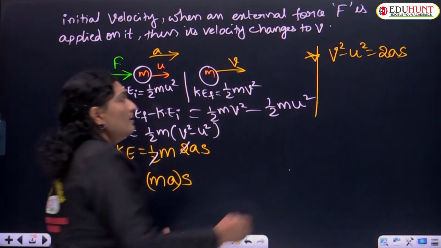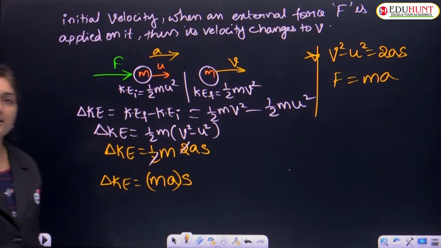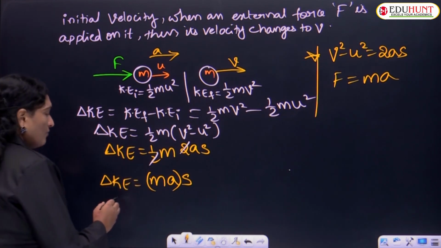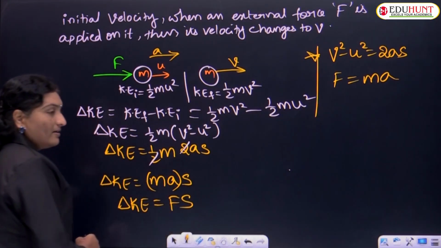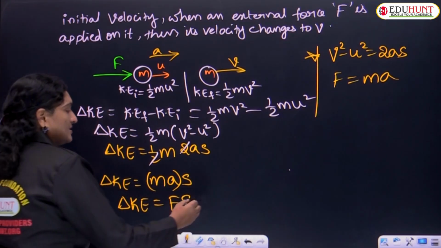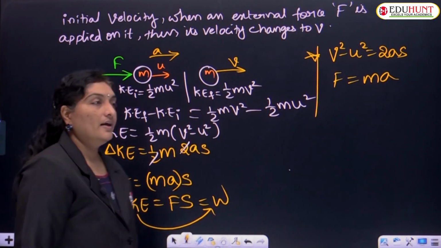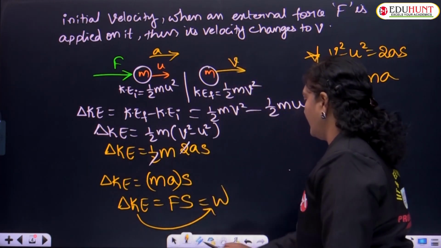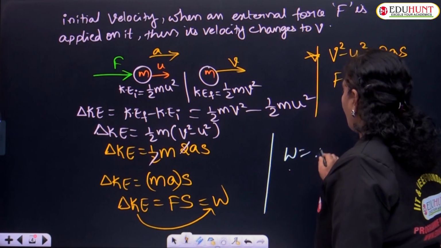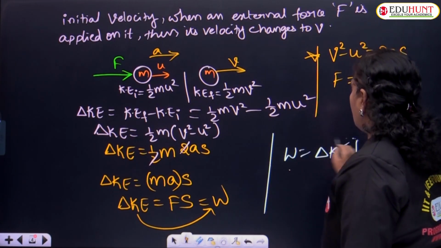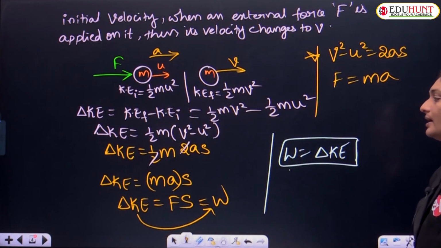We know that the force applied on a body is the product of mass and acceleration, so ma can be replaced with force. So delta KE equals F multiplied by s. But Fs is nothing but work done. Hence the work done is stored in the form of change in kinetic energy.